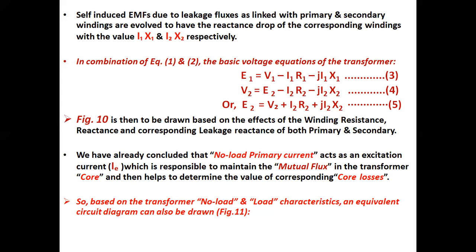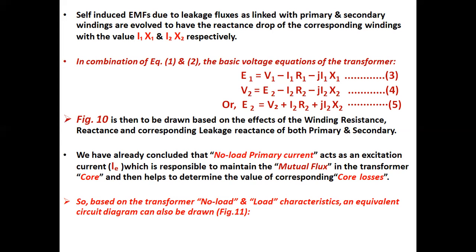V2 equals E2 minus I2 R2 minus j I2 X2, or E2 equals V2 plus I2 R2 plus j I2 X2. Figure 10 is then to be drawn based on the effects of the winding resistance, reactance, and corresponding leakage reactance of both primary and secondary.